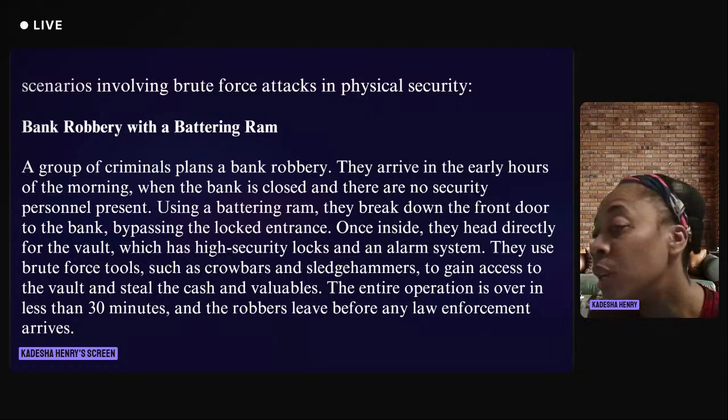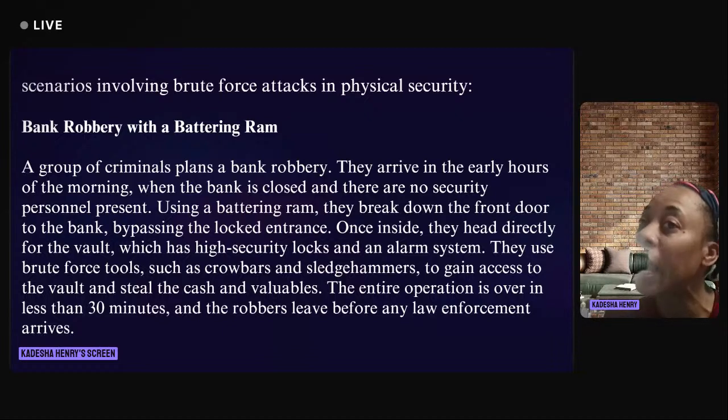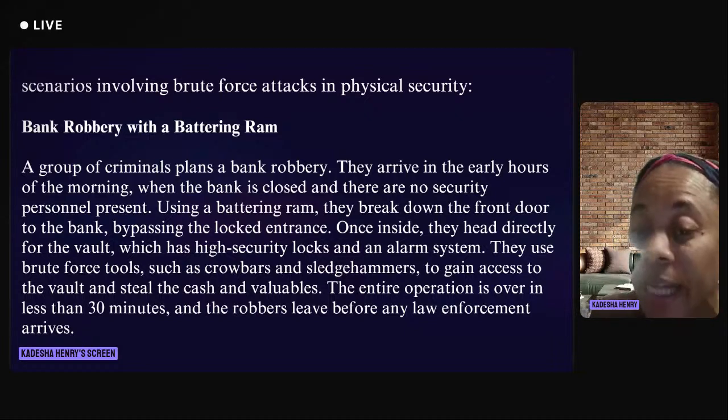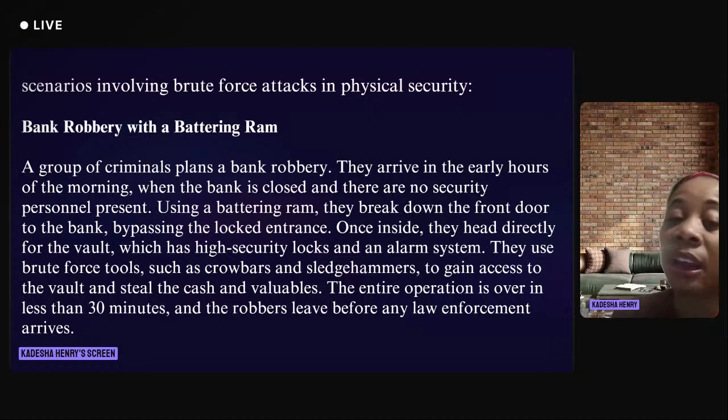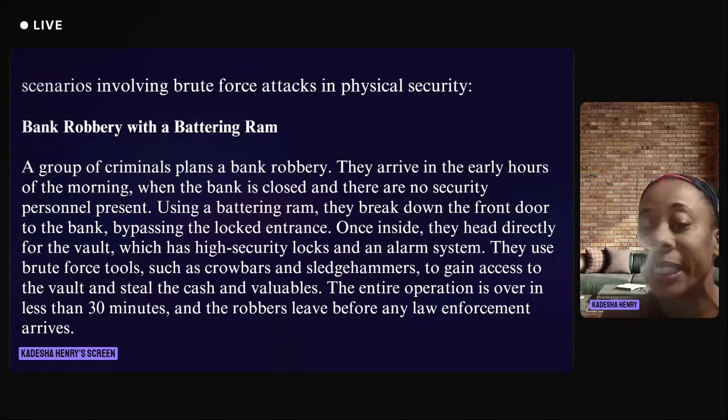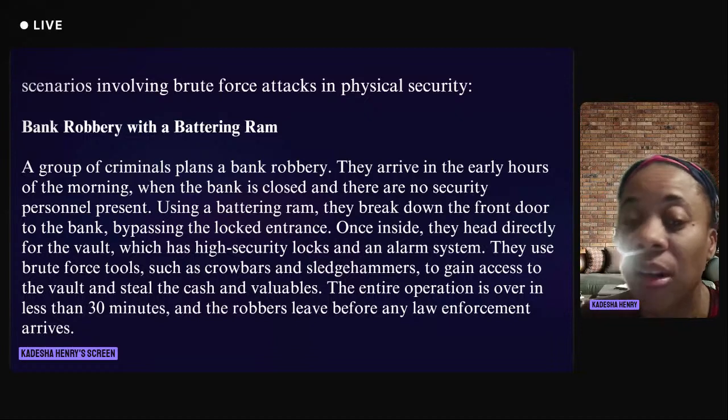So they knew. Sometimes insiders give information that the vault has security, and sometimes there are people on the inside who are threats to the organization, giving information as to how the security system is set up, where the vaults are, how secure these vaults are.